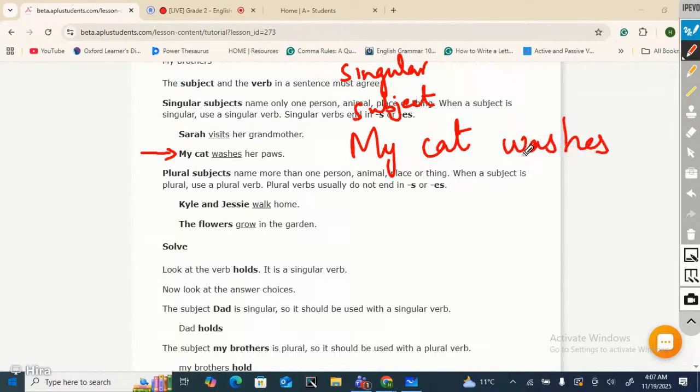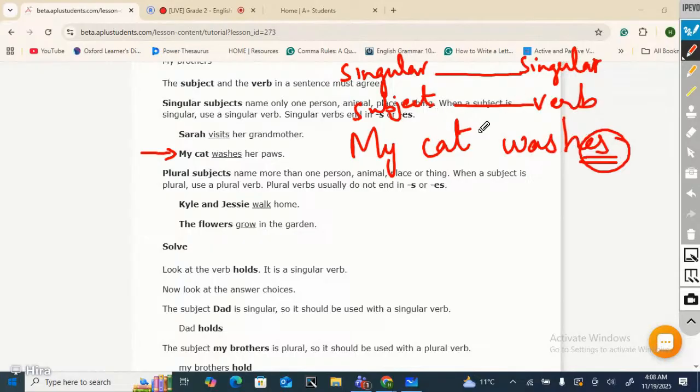Basically, the verb is wash, but es is added because it's a singular verb. Singular subject, singular verb. They agree. And a singular verb ends in s or es. This one ends in es. So we know it's a singular verb. Subject and verb agree. So this is the rule.